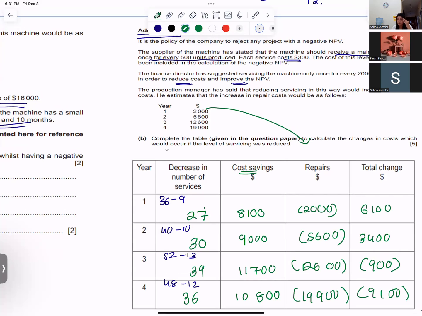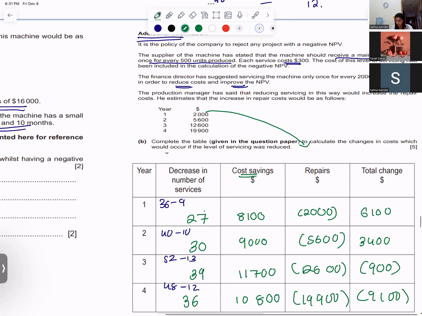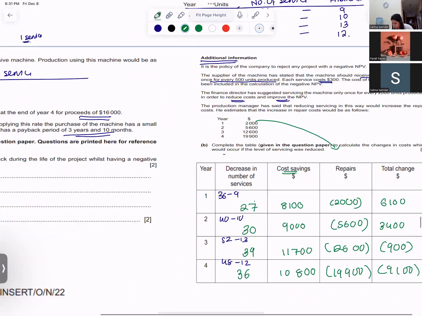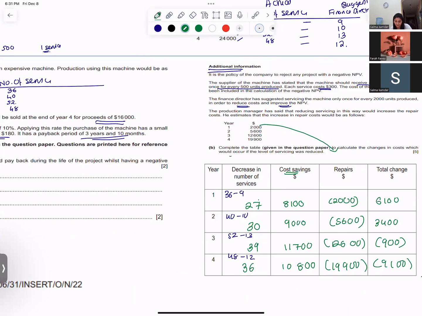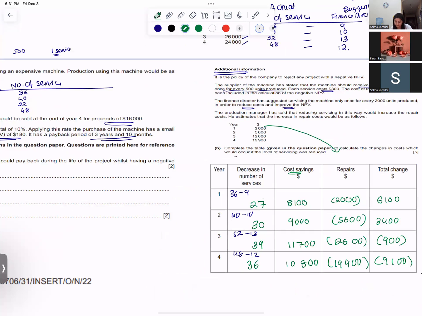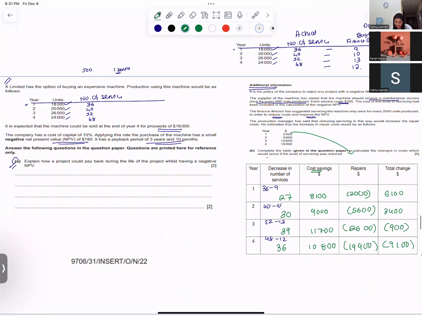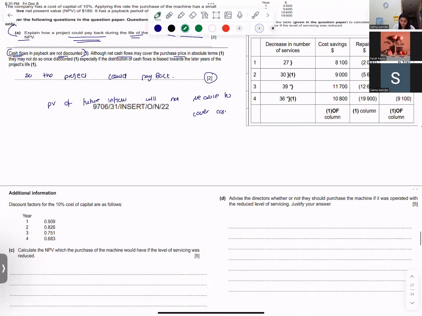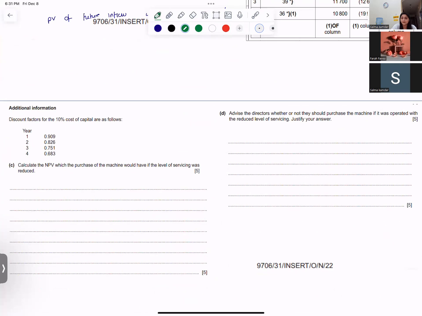Okay. So in the first 2 years you are saving, but in the next 2 years it is going to be a loss for you. But I think overall it's going to give a good picture. Are you with me? Yes. Now go to the next part.